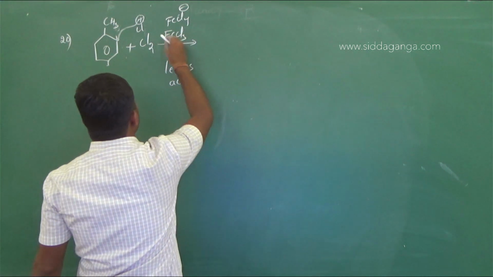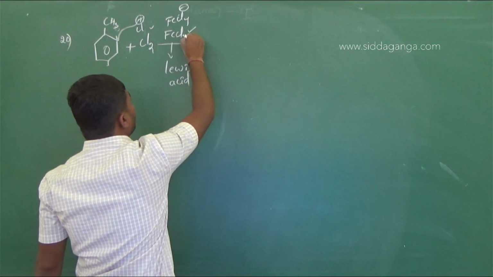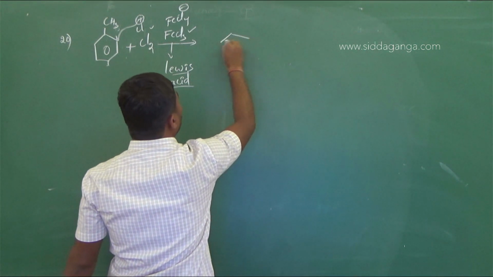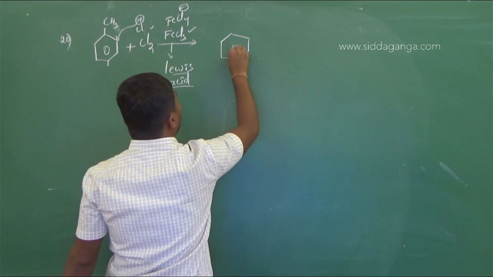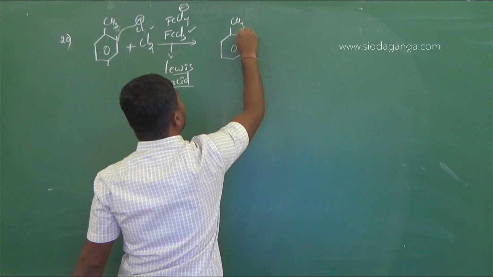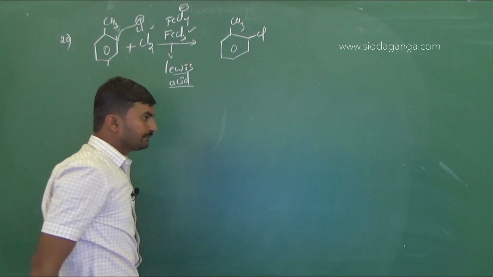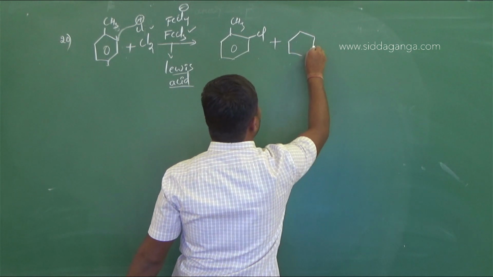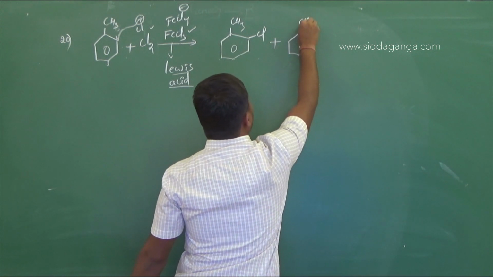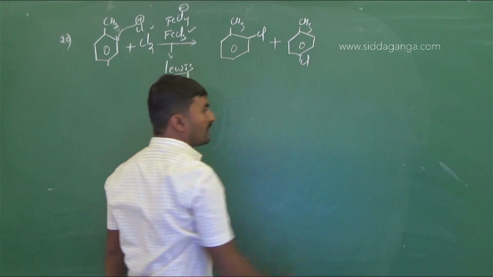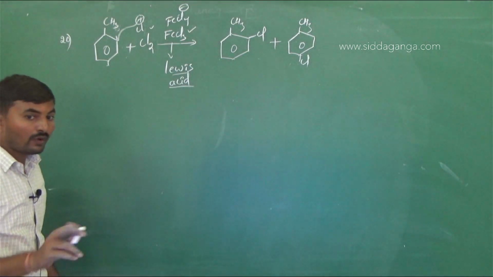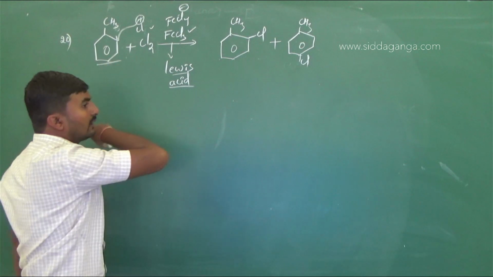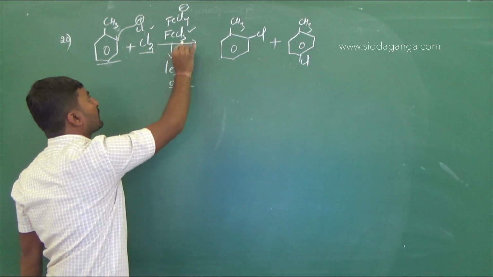So when Cl2 is in presence of FeCl3, that is a Lewis acid, we get two products: one is the ortho substituted product, orthochlorotoluene, and the other is the para substituted product, parachlorotoluene.